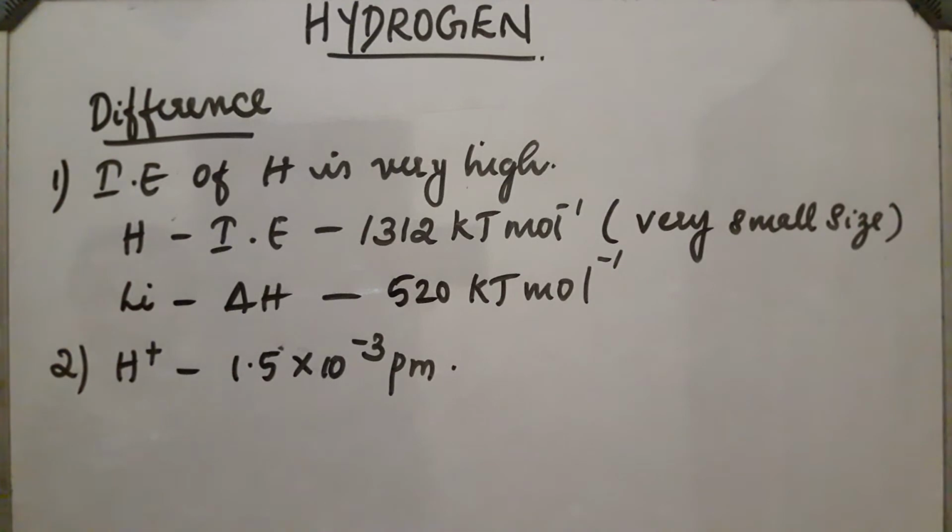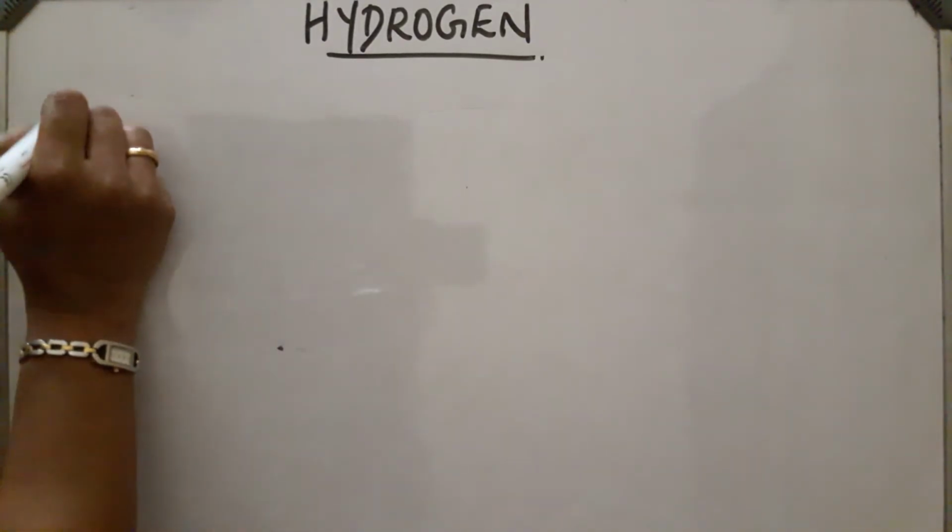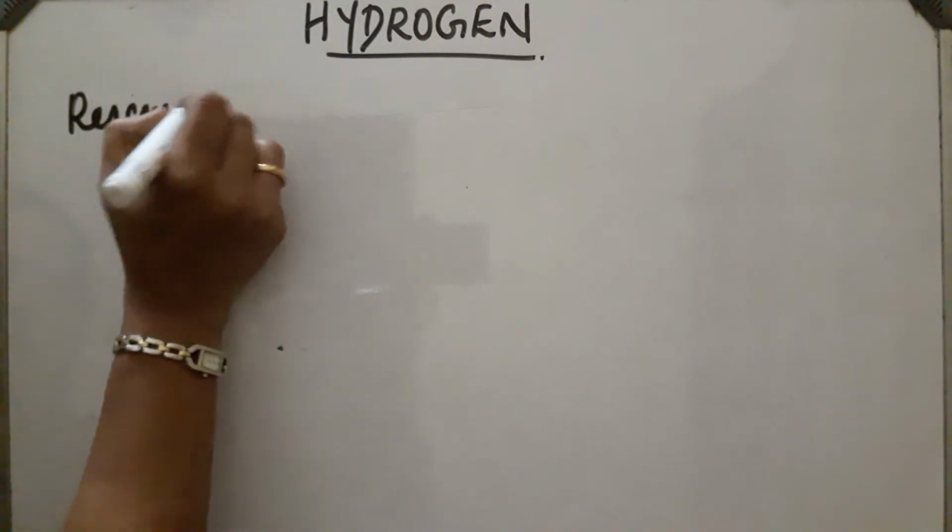Now, what are the resemblances between halogens and the hydrogen atom? Let us discuss one by one. Resemblances with halogens.